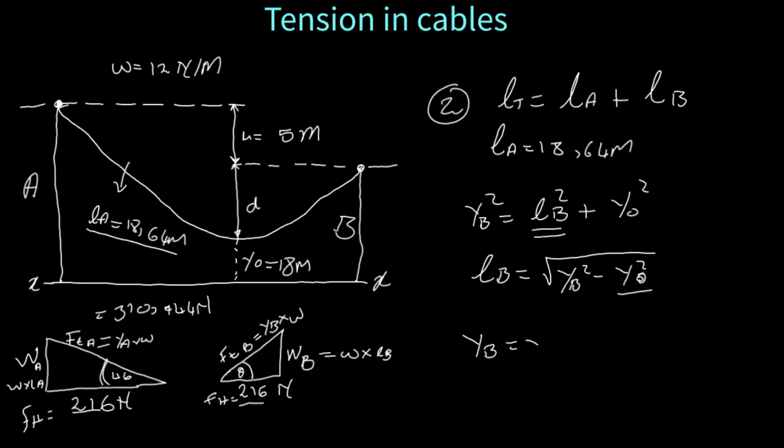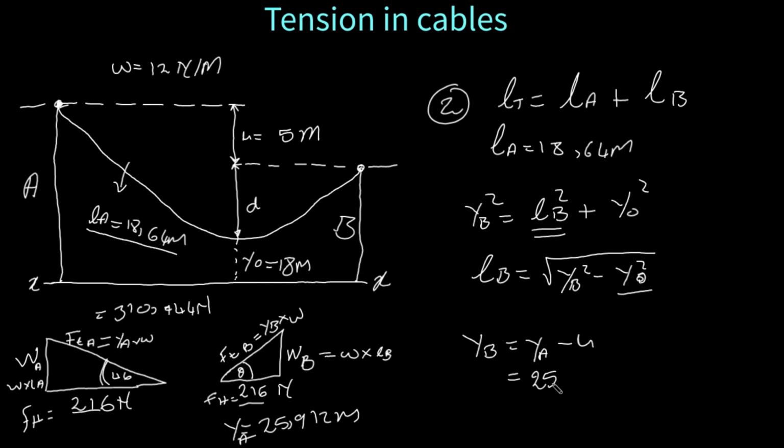We already have the value of YA, and the difference between these two supports is the height, which is 5 meters. So our YB, we can say it is equals to, I did not write the value of YA down, but we calculated and then we got that it is equals to 25.912 meters. This is one of the values that they are going to mark on the previous question, in question number 1.